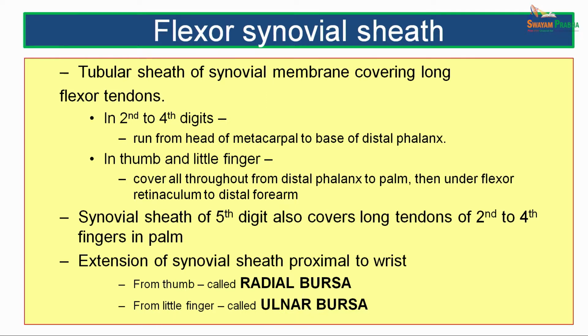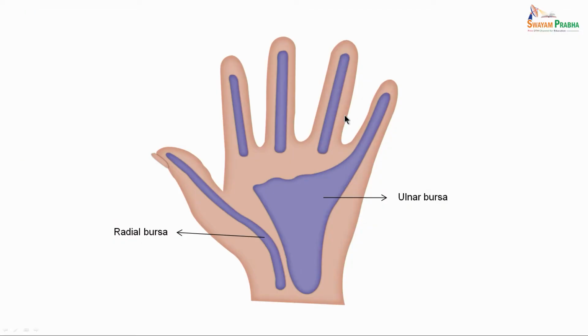Extension of the synovial sheet proximal to the wrist is seen from the thumb, which is called the radial bursa, and a similar extension from the little finger is called the ulnar bursa. This picture shows us a clear view of the radial bursa, which continues up from the synovial sheet of the thumb, and the ulnar bursa, which continues up from the synovial sheet of the little finger.